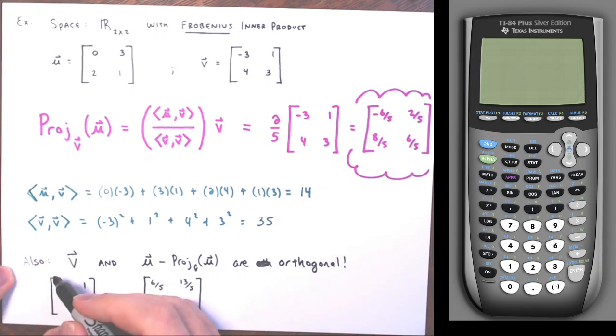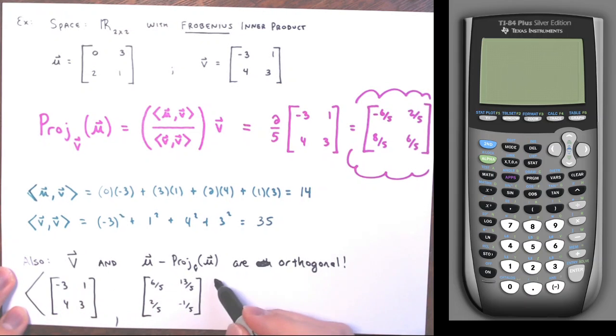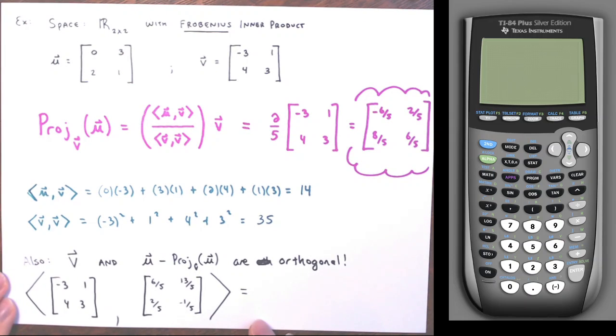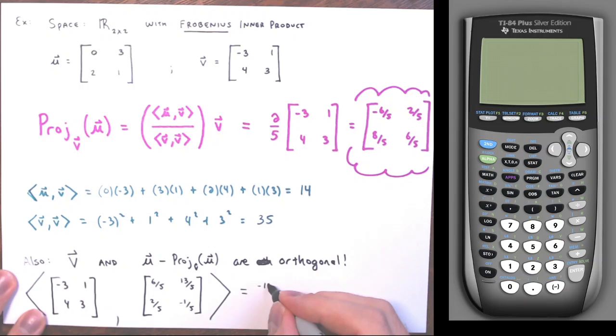Right. And let's take the inner product, put wedges around these, and you should get 0. Now, I'm doing the Frobenius inner product. So I multiply the first row, first column entries: negative 3 times 6/5, that's negative 18/5, plus 1 times 13/5, plus 4 times 2/5, which is 8/5, and then minus 3/5.